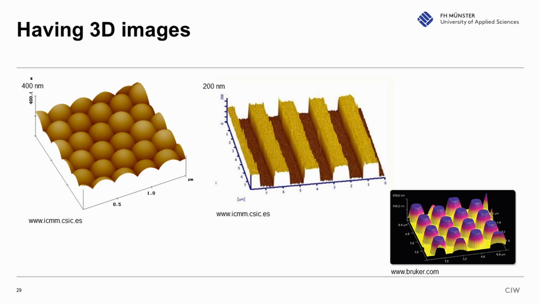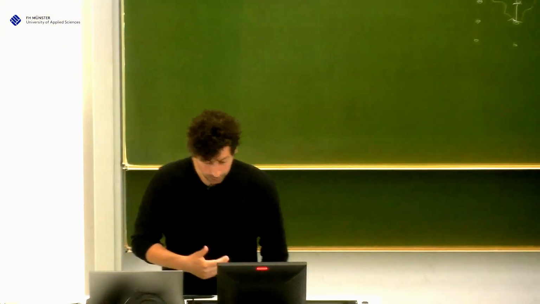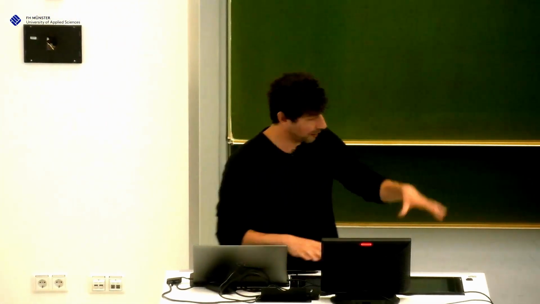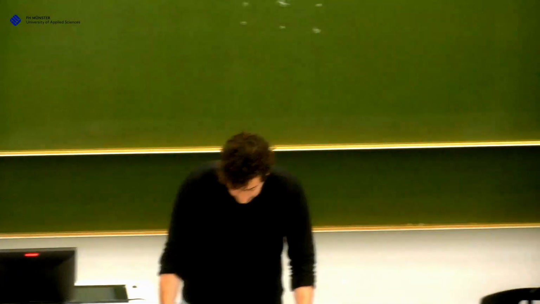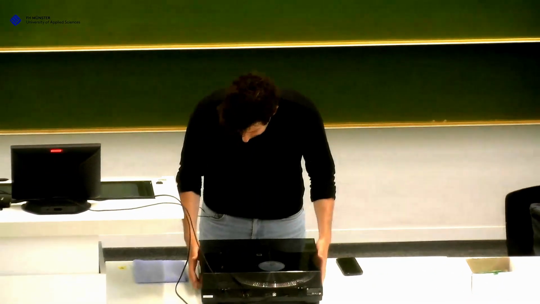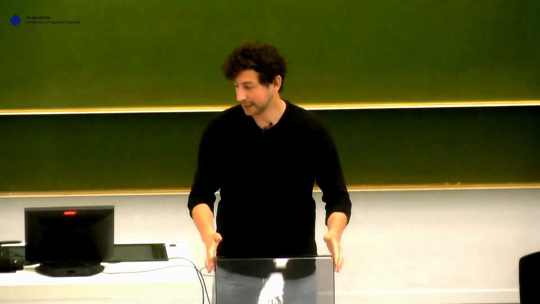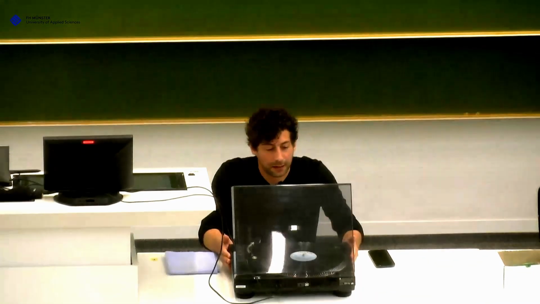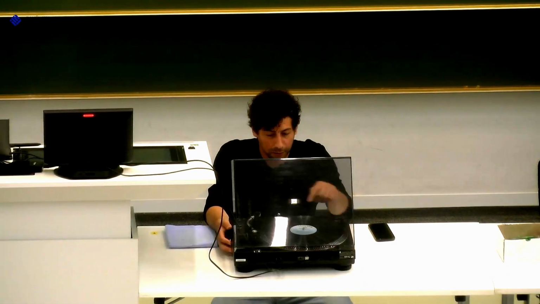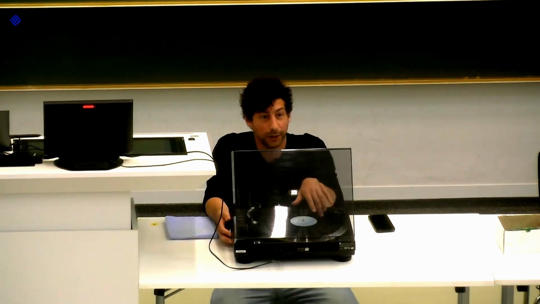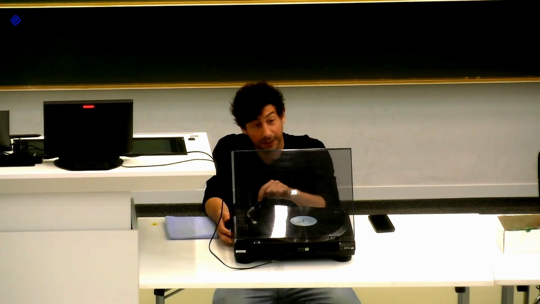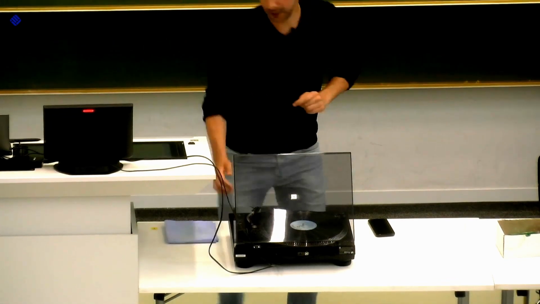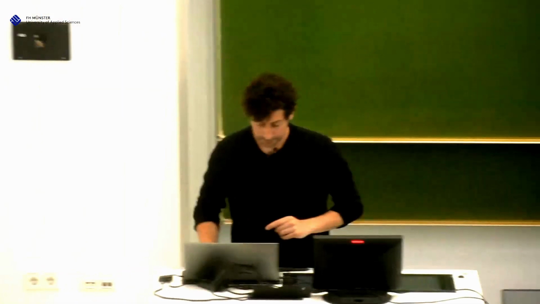a 3D image. And I would like to show you the working principle, and now we can talk about this very nice device here, because the working principle is exactly the same as what I have here. So you have the sample, this one is the record player, right? And you have the needle, what you see here.